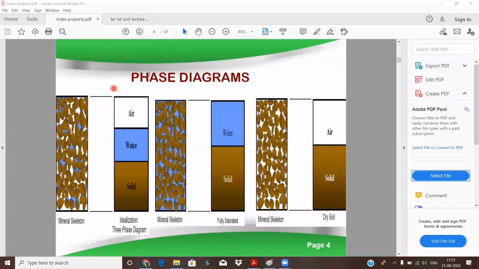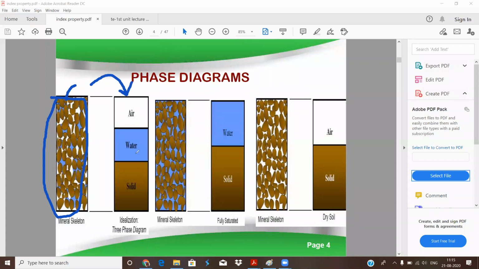So this is the basic diagram, and this total constitution we call soil. But when we study geotechnical engineering, this diagram does not give clarity on how to teach topics and how to deliver them. So at this point of difficulty, we transform this soil diagram into the phase diagram.